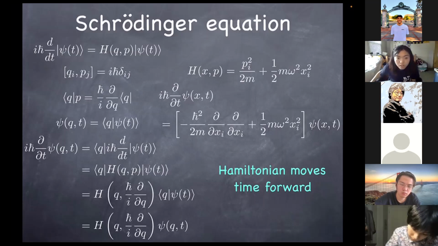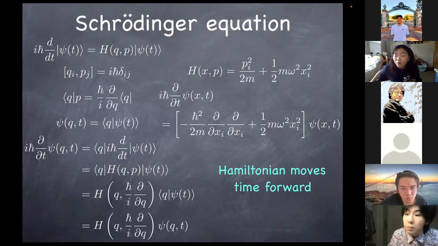Yes. Then can I ask about the equation just above it? Does it mean that the left-hand side, the Q bra, is the operator? No, it's not an operator. Is it the eigenstate? That's right.